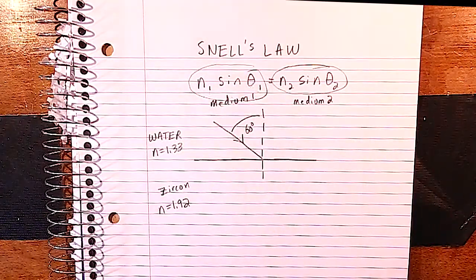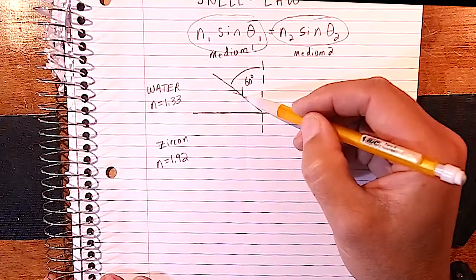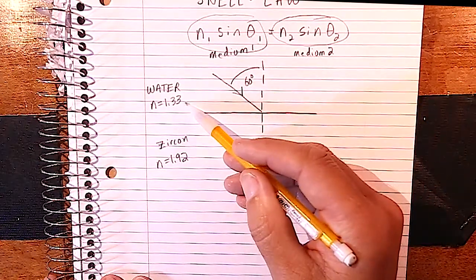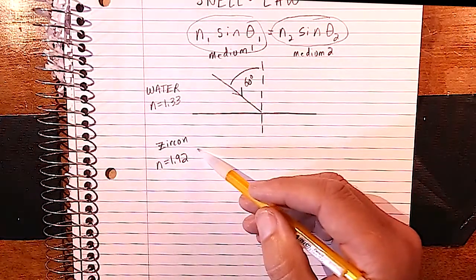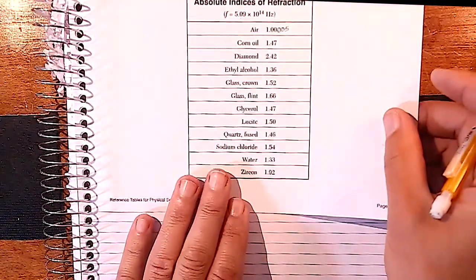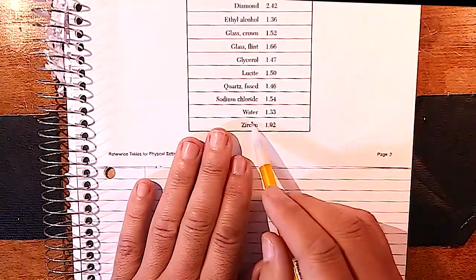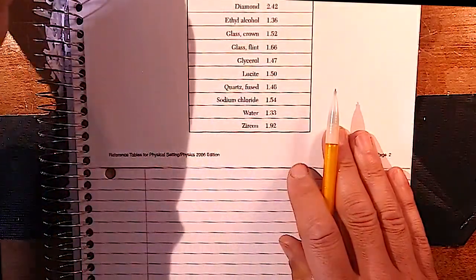So let's actually solve a problem. Let's say we have an incident ray, and that incident ray is in water, and it's hitting a new material called zircon. I looked up these numbers in advance, but they are on the reference table. We have water is 1.33 and zircon is 1.92.